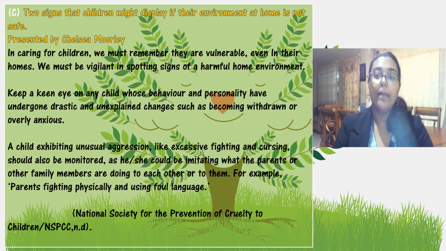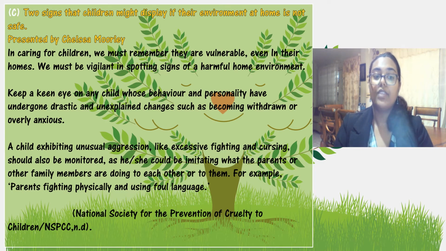They're not the happy, joyful, bubbly child that they once were. Anything like this can be signs of a struggle at home, some emotional thing they're feeling because of what is happening with their parents or their relatives, something they're going through and they just don't want to talk about it.